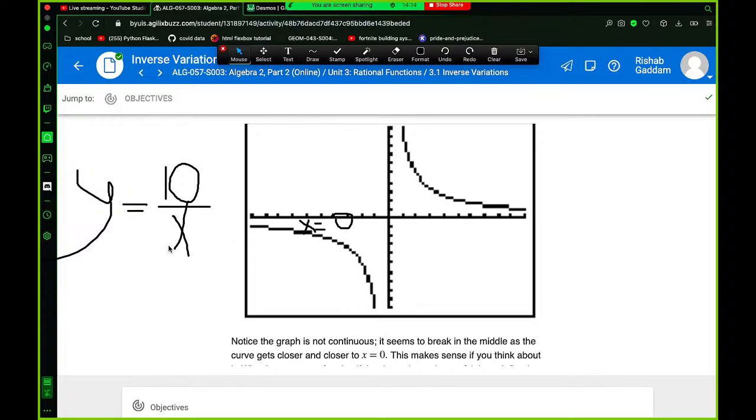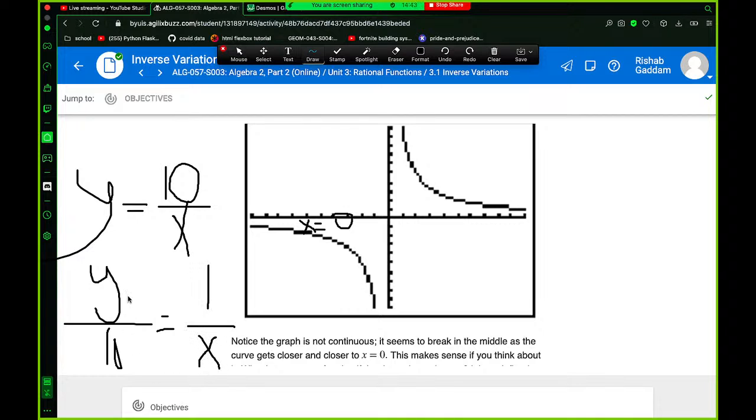If you solve for x in this case, so solve for x means you have to flip the fraction. Let's not do that. The first thing we're going to do is divide both sides by 10. So that makes y over 10 equal to 1 over x.